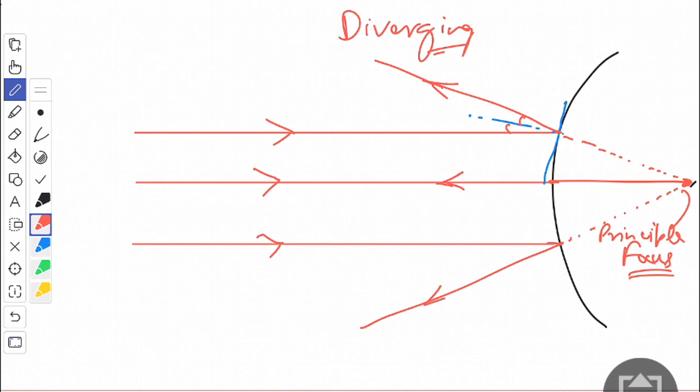Now why principal focus? Later on you will see that there are two focuses. Actually, foci is the word, but I'll just say two focuses. So when we talk about lenses, you'll see the word principal focus, but for now focus is also enough.